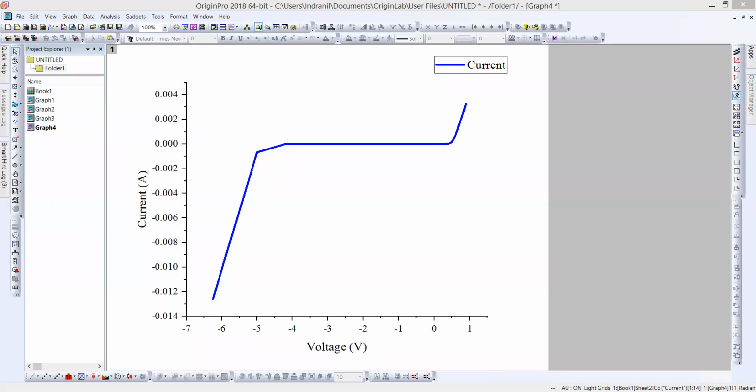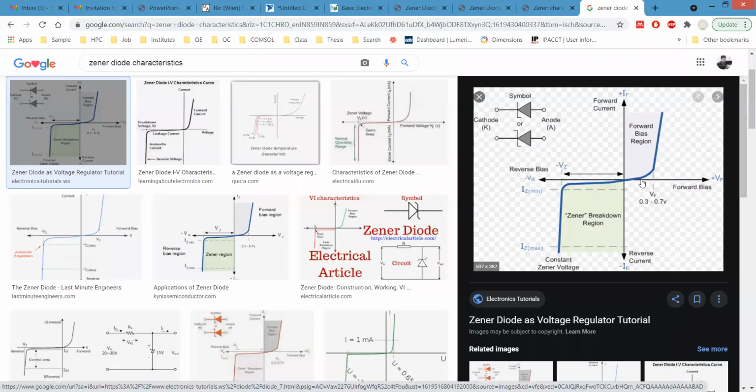In the same window, as it is in your textbook also, the forward and reverse one in the same window. Yes, it is quite similar with this one, right? The initial IV characteristics of Zener diode, which I already showed you.